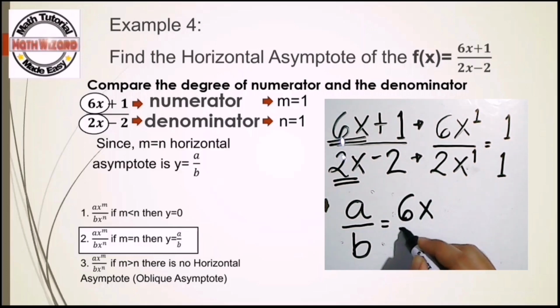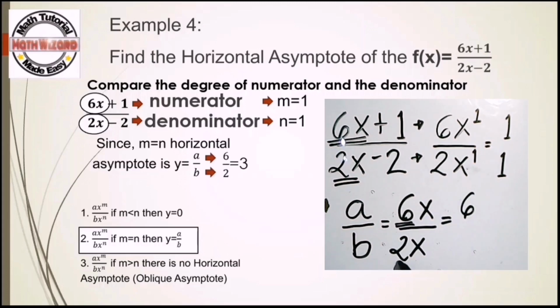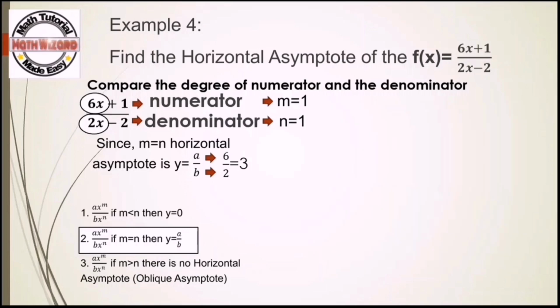We all know that a, the numerical coefficient of the degree 6x, is equal to 6, and the numerical coefficient of the degree 2x is equal to 2. Therefore, 6 divided by 2 is equal to 3.